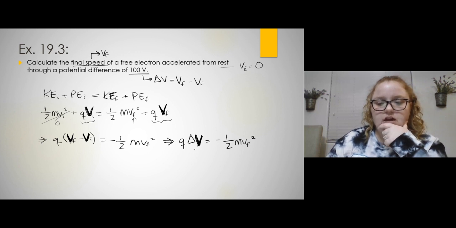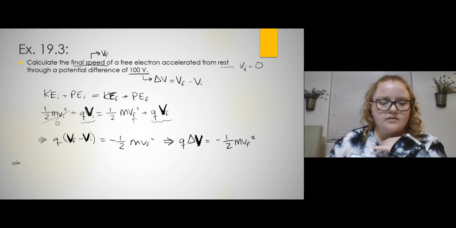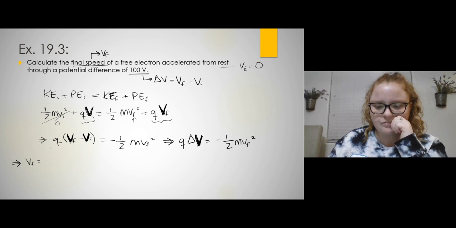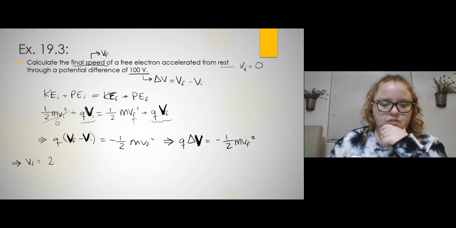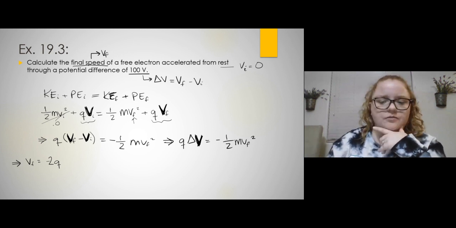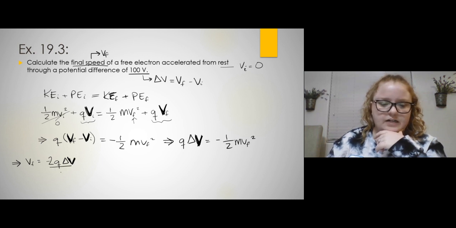I will need to look up the mass of an electron, and we know the charge. We just used that in the last video. But let's go ahead and solve for V sub F. V sub F is going to equal the square root of negative 2 times Q, which is the charge, times delta V, the potential difference, divided by our mass.